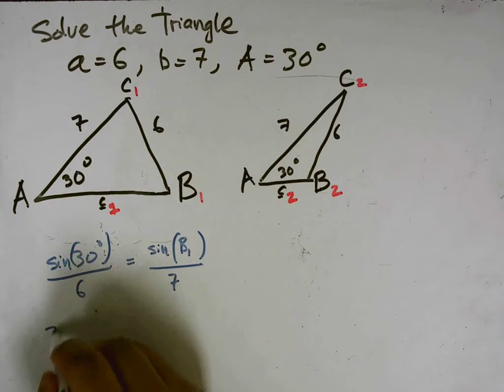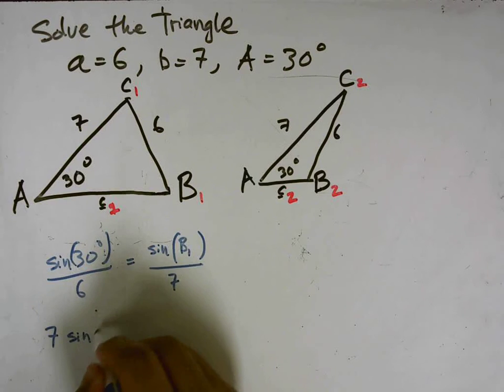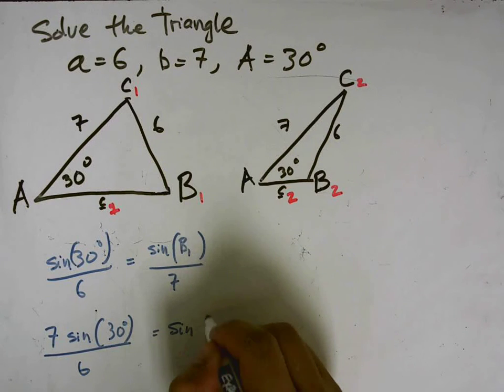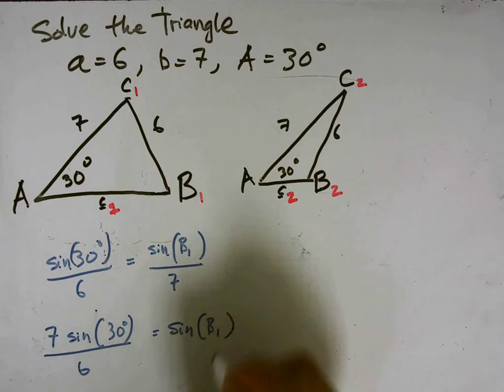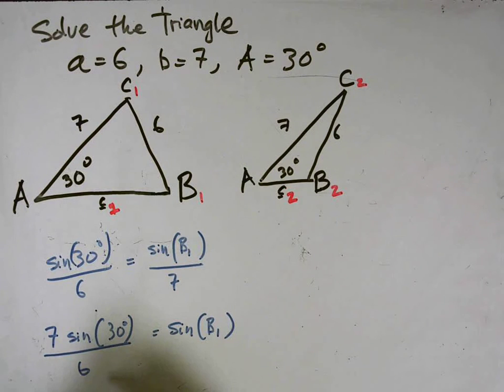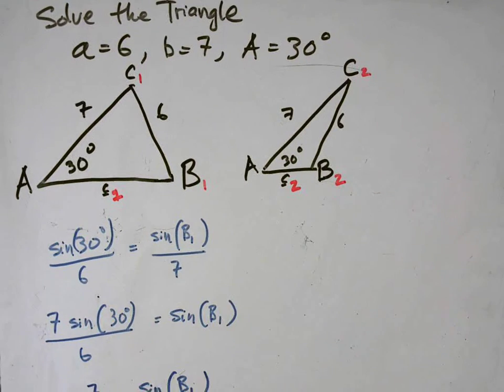That means 7 times the sine of 30 over 6 is equal to the sine of B1. Sine of 30 is just 1/2, so this gives me 7/12 is equal to the sine of B1.